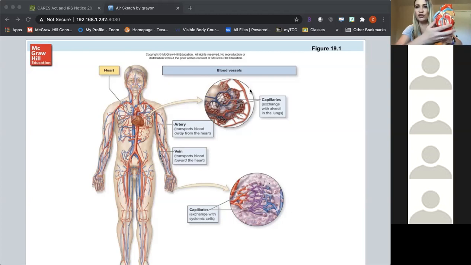If we were to look at our heart and open it like this, the orange area right here is your left atrium, and then this would be the ventricle, and the white thing is the valve that separates them. Here we have the right side, so atrium and then ventricle.